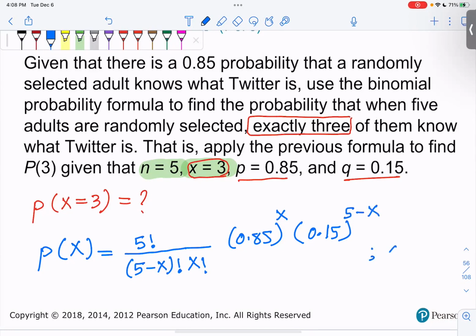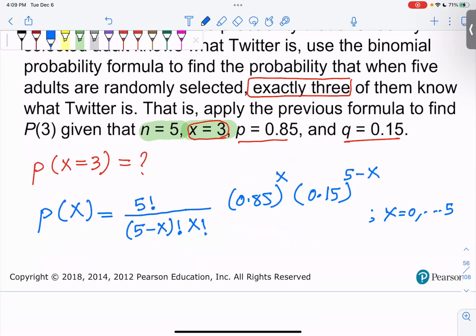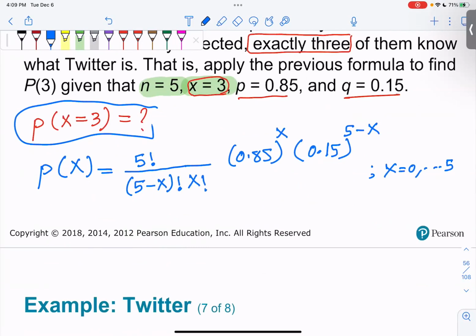And here x is from 0 to n, which is 5. So this is our formula. But now they're asking about x equal to 3. So just plug in 3.